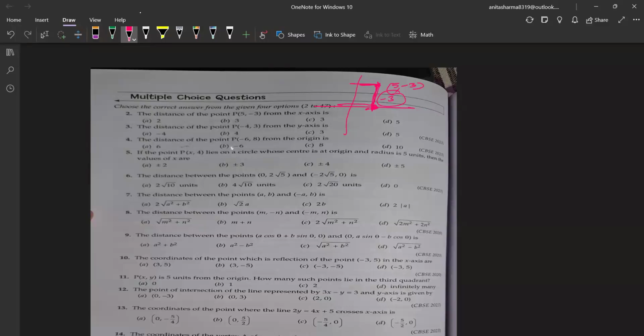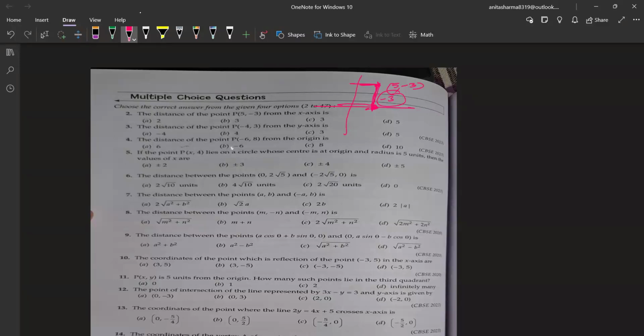Now next, the third question has already come in 2023. The distance of the point (-4, 3) from the y-axis. 4.